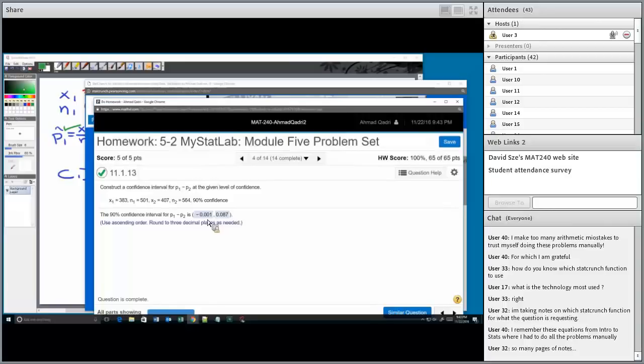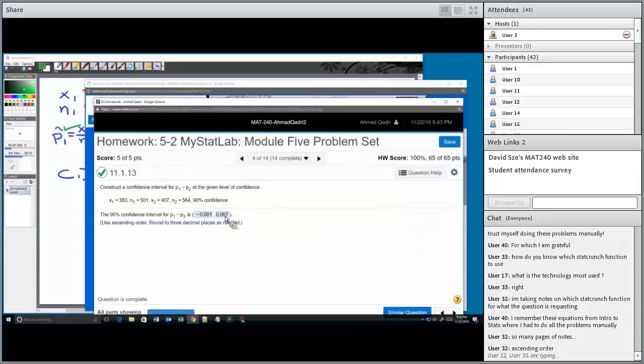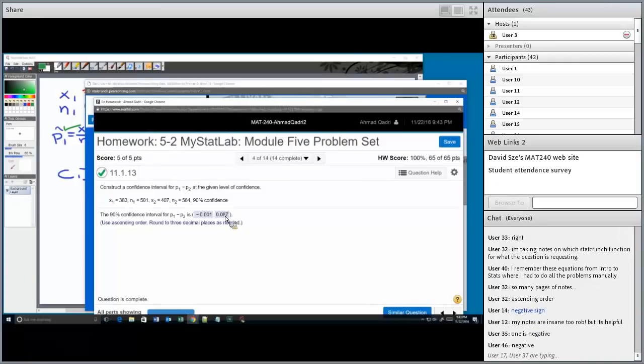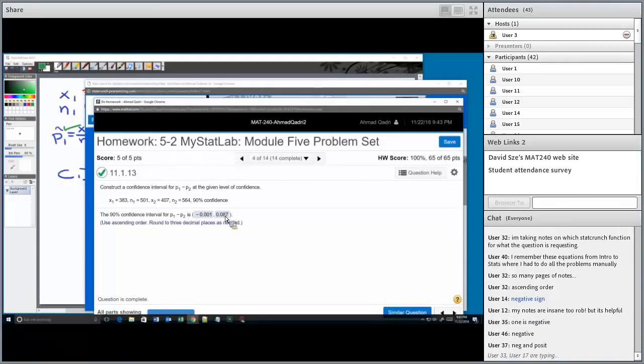By the way, does anything stand out when I show you this lower and upper limit? Does anything stand out here? Let me see if someone can pick it. Yeah, but there is a negative sign. Then what is it implying?